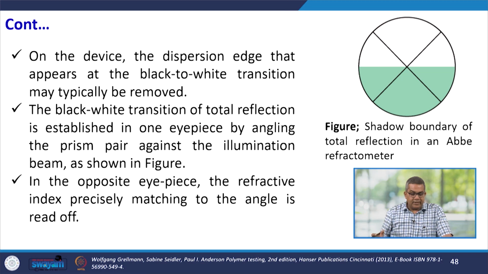On the device, the dispersion edge that appears at the black to white transition may typically be removed. The black-white transition of the total reflection is established in one eyepiece by angling the prism pair against the illumination beam, as per this particular figure.